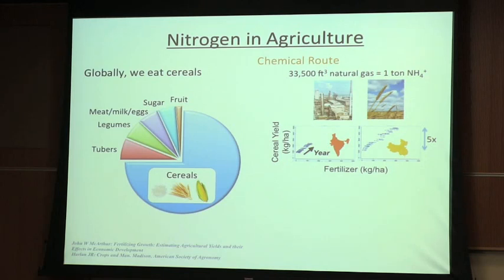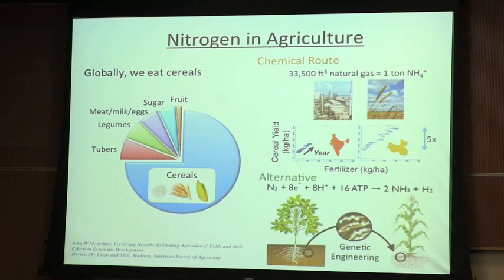And so since the 1970s, it's been viewed as an alternative to this chemical route of synthesizing ammonia and dumping it onto the soil, that what you'd really like to do is to take one of the plants that is able to associate with these organisms in the soil and transfer that capability from a legume to a cereal crop through genetic engineering.